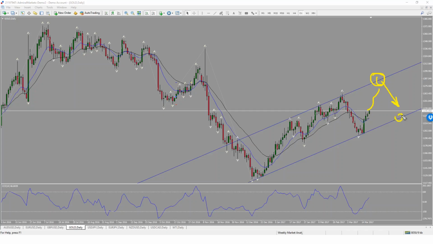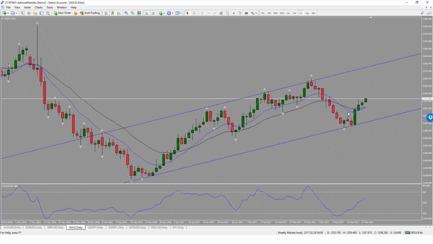And of course when we get back to the lines, we'll be looking for buys, and we can see if we can ride this channel a little bit. We might be able to get a couple of trades out of it. Where we currently are sitting right now, if I zoom in, you can see there's really nothing there for us. So we just have to monitor it and see if it can play out a little bit.